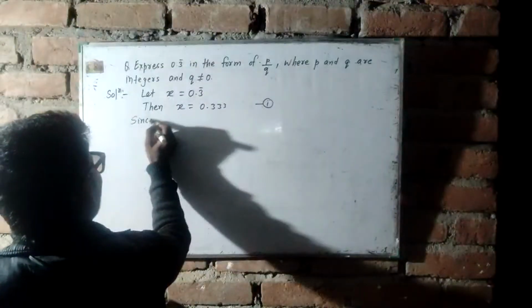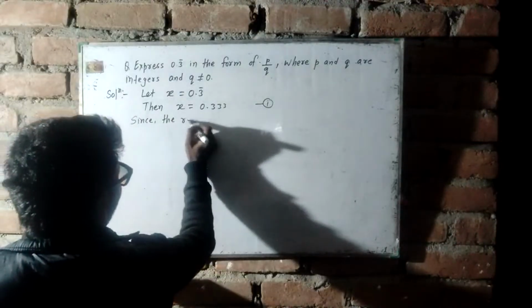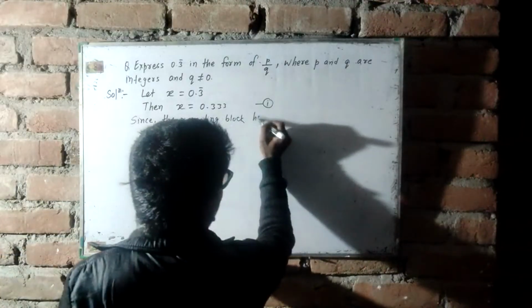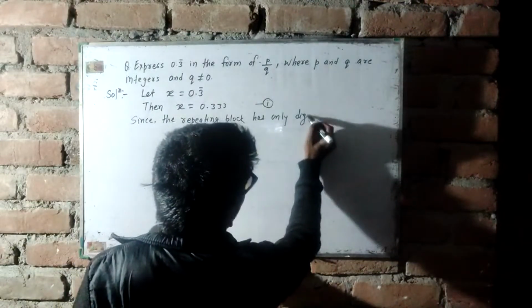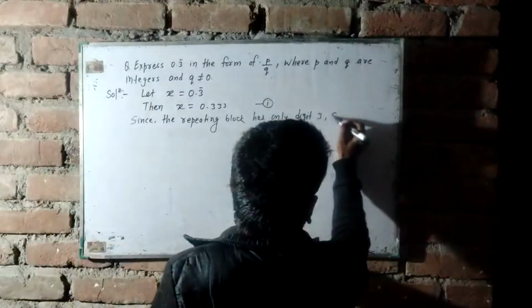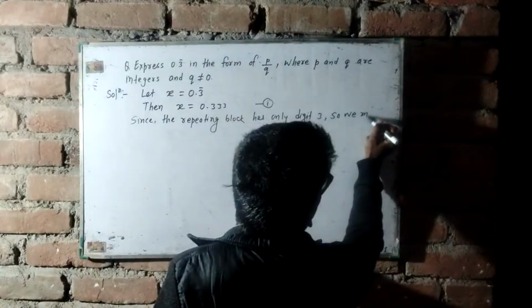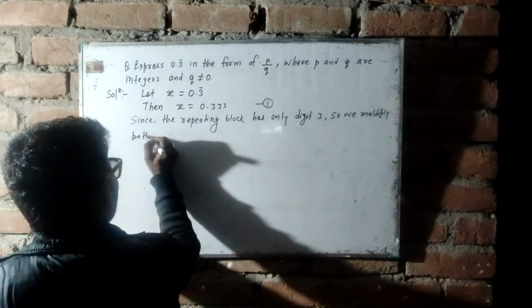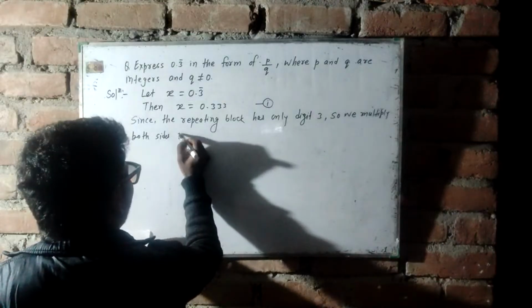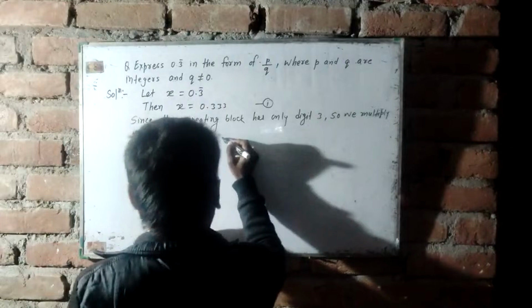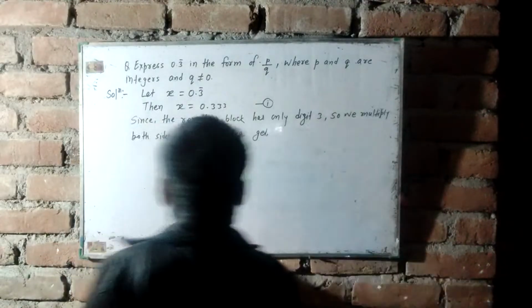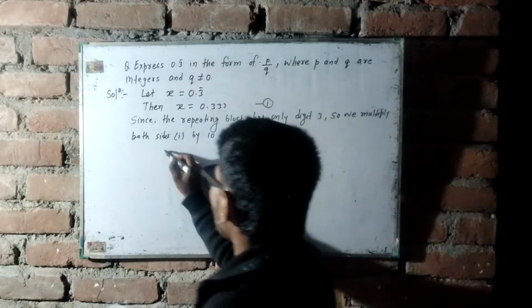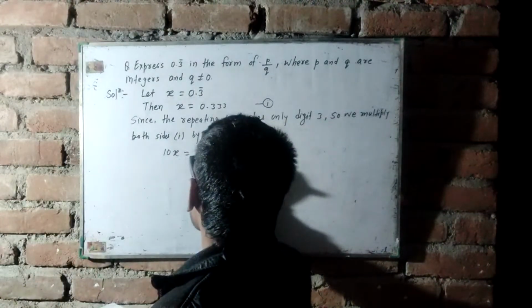Since the repeating block has only one digit 3, we multiply both sides of equation first by 10 and we get 10x is equal to 3.333.